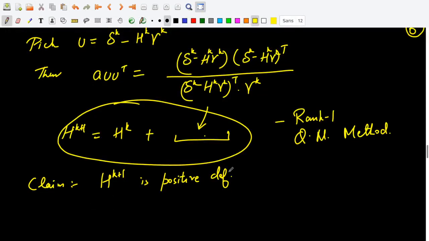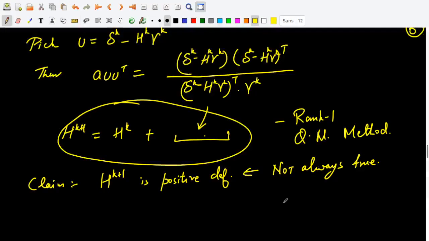This is unfortunately not always true. Okay, so that means that the search direction that we will get in the next iterate may not be a descent direction.